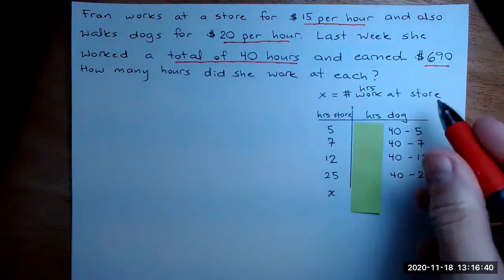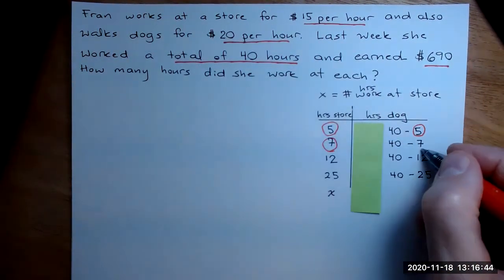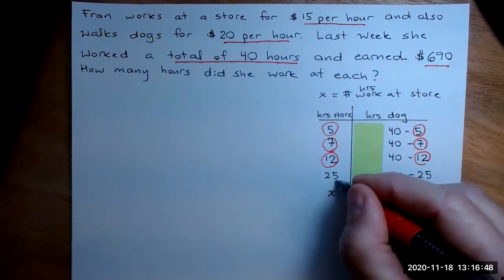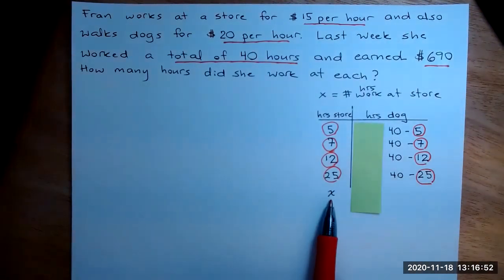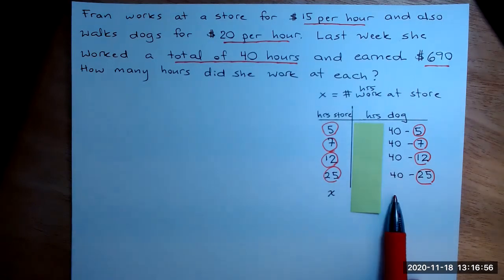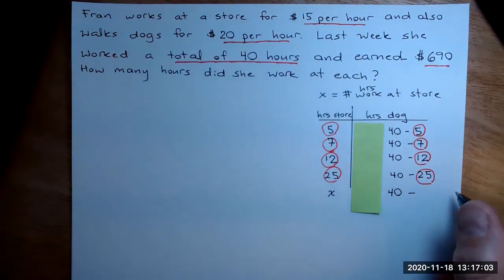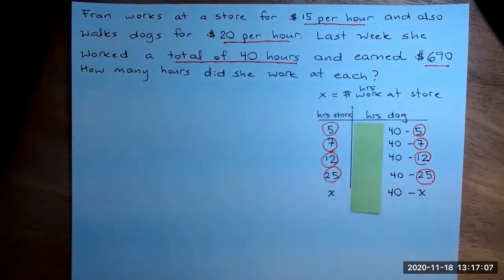Right, so if you follow the pattern, if you know the number of hours working at the store, to find the number of hours walking the dog, it's just going to be 40 minus the number of hours worked at the store.